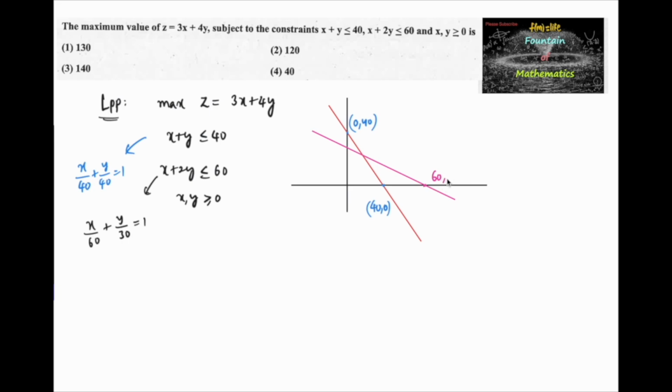So here is a point 60 comma 0 and here is a point 0 comma 30. This is the second line equation.